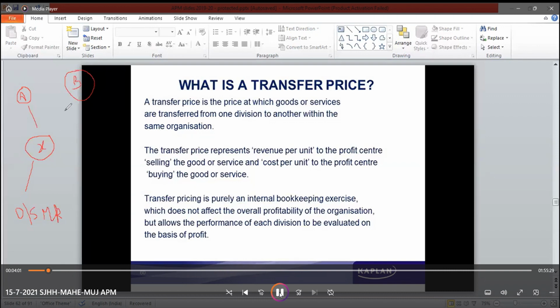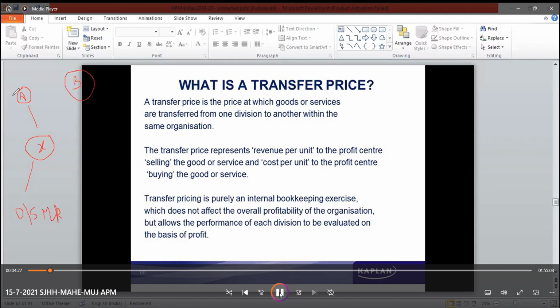Now, what is the issue with that? When performance evaluation is the criterion, responsibility centers want to be evaluated as the best, and the evaluation favors the department that makes the best ROI or earns the maximum return: ROI is high, RI is positive.